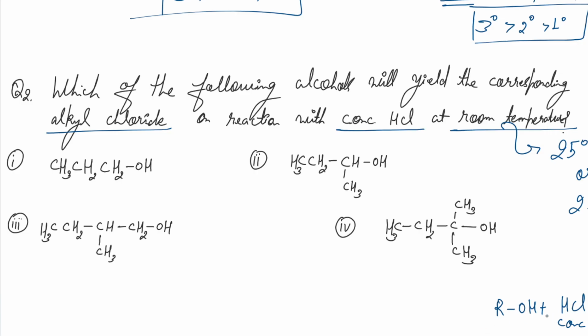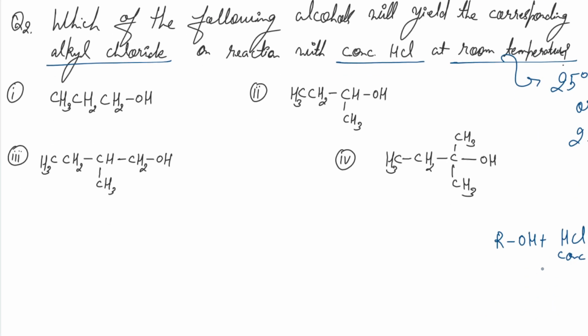So when it undergoes the reaction, it forms H plus, Cl negative, and here this OH negative. When the bond breaking happens, the R will react with the Cl, and water gets eliminated.